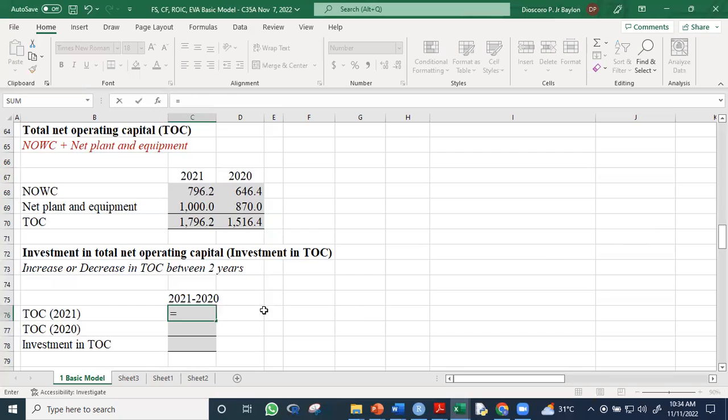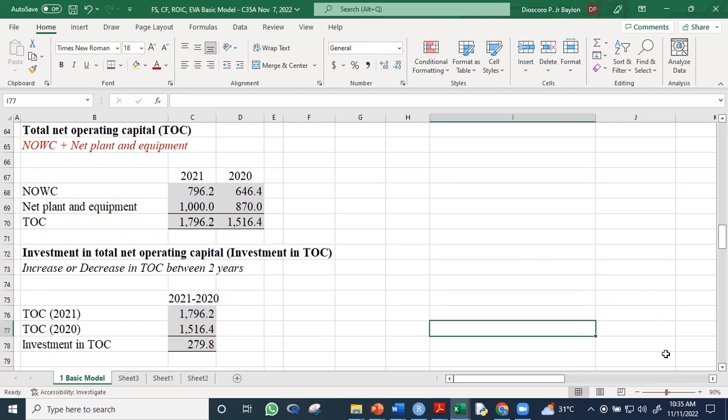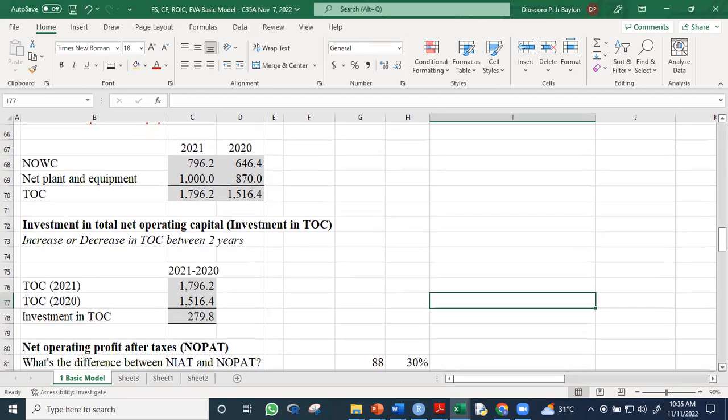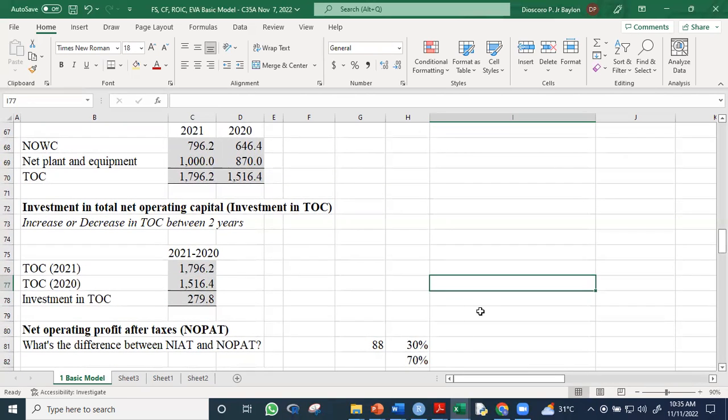In 2021, the total operating capital became 1,796, while in 2020, it was 1,516. So all in all, the company invested 279.8 in total operating capital.